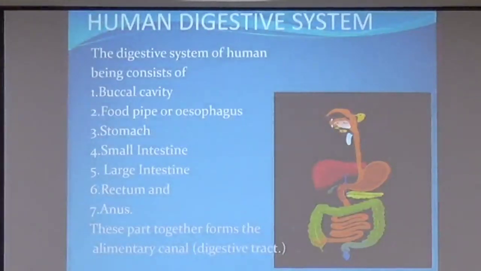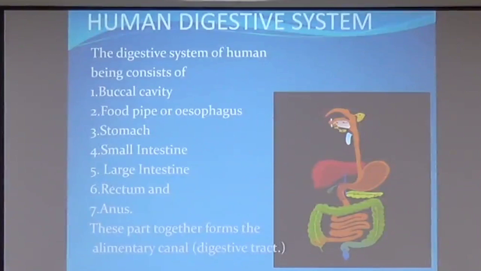See what all the parts of it are. The digestive system of the human being consists of the buccal cavity, that is the mouth, food pipe or esophagus, stomach, small intestine, large intestine, rectum and anus. These parts together form the alimentary canal or the digestive tract.